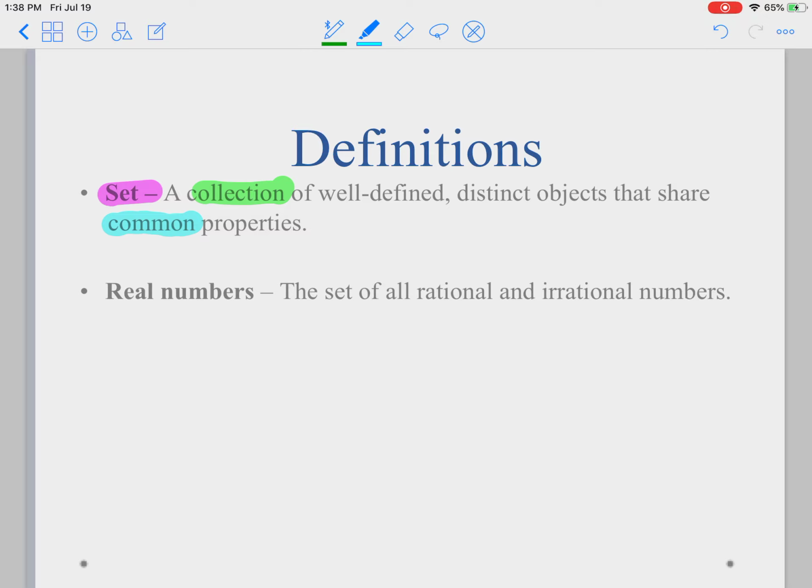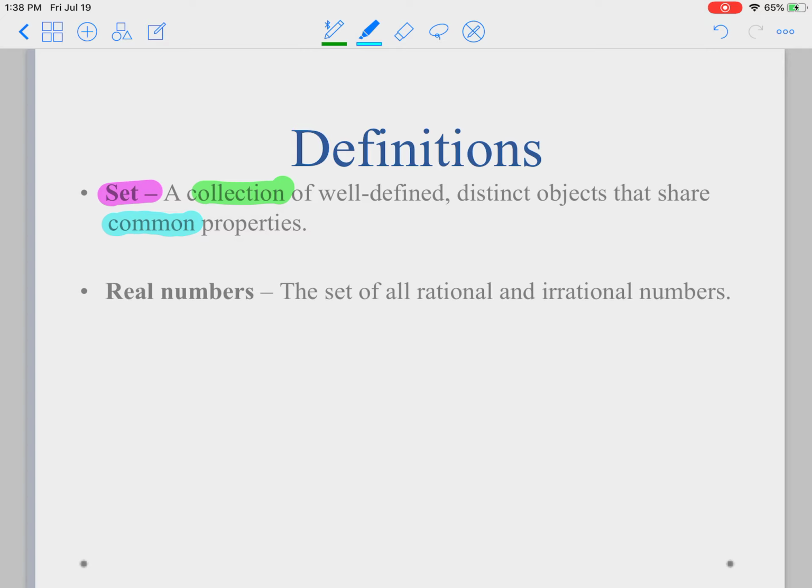But when you have a collection, usually you put them in a set. And I know with baseball cards, you may have a set where you get an entire team, or you may get all the teams for a particular season. And it's called a set. You have all of them. And what defines them are their common properties.